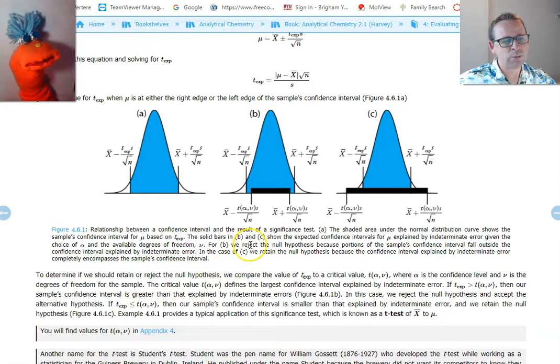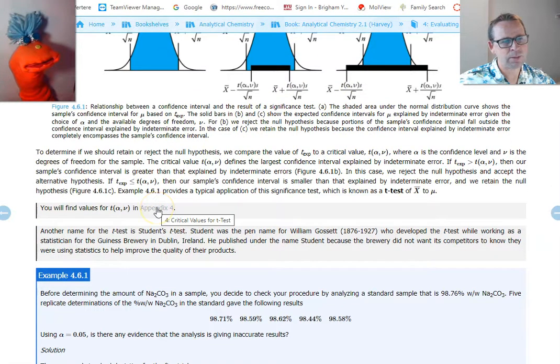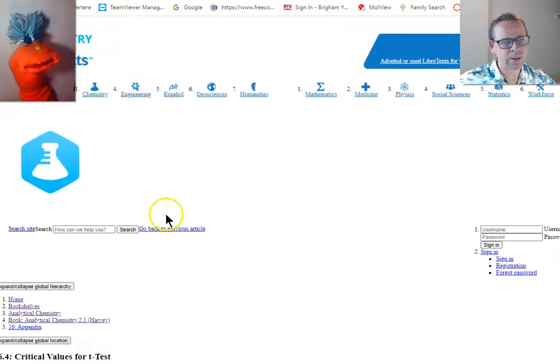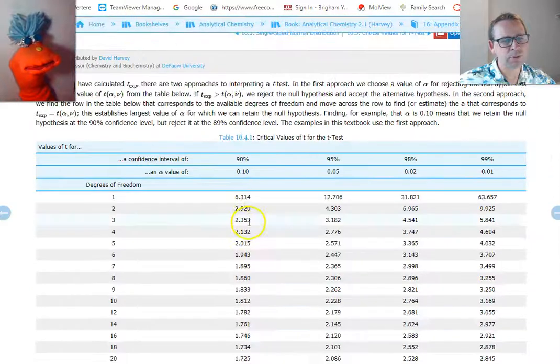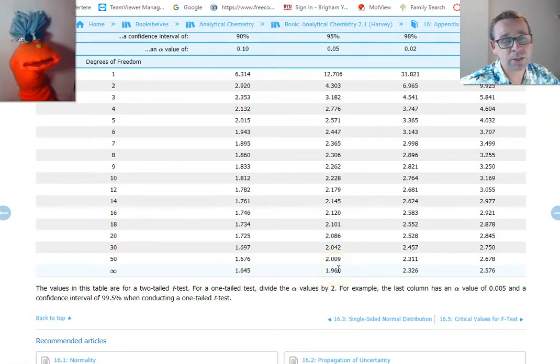Essentially, we have a table that has calculated possible t values for the number of degrees of freedom. And here is our 95% confidence. For each number of degrees of freedom, we have expected t values that we would be using. And as we go to infinity here, we get back to our 1.96, which is the 95% confidence interval.